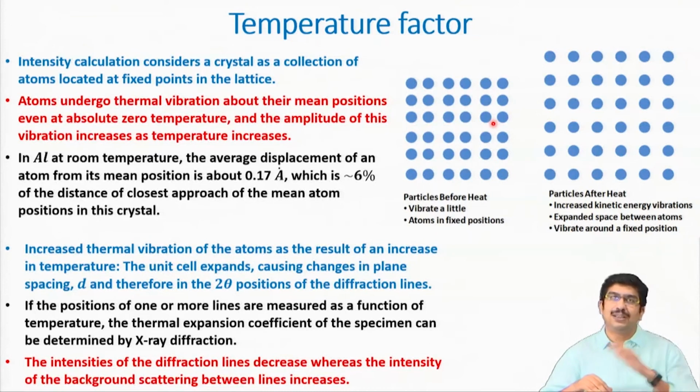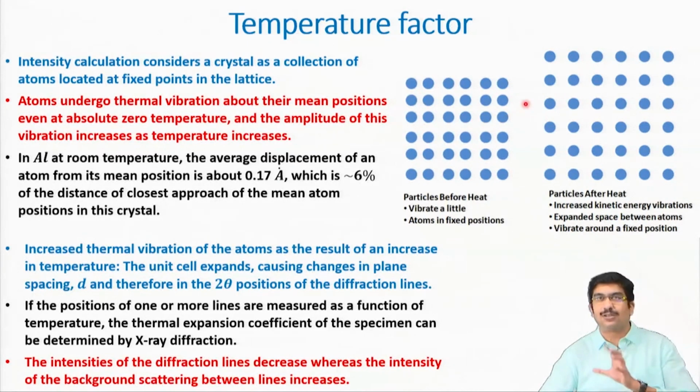If you increase the temperature, the amplitude of this thermal vibration increases. At a higher temperature, at any given point of time, because of thermal vibration, the distance between the atoms is continuously changing. It is not a fixed one.